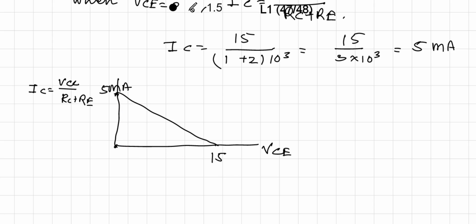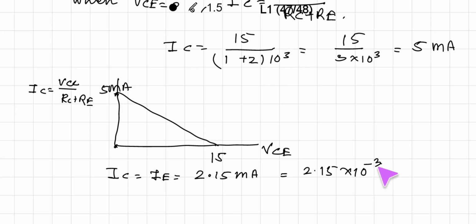But the actual current in the circuit, IC is equal to IE, that we know, and that is equal to 2.15 milliampere, that is 2.15 into 10 raised to minus 3 ampere.